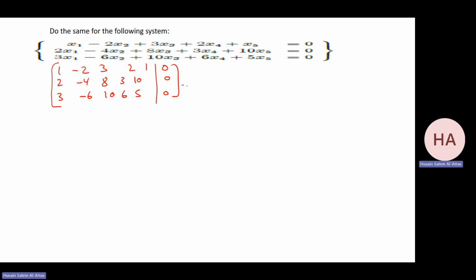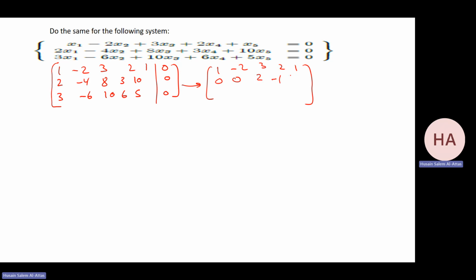Okay, so let me do the calculations quickly. Multiply by minus 2 and add, that will be 0. By minus 2 and add, that will be also 0. By minus 2 and add, that will be 2. By minus 2 and add, that will be minus 1.